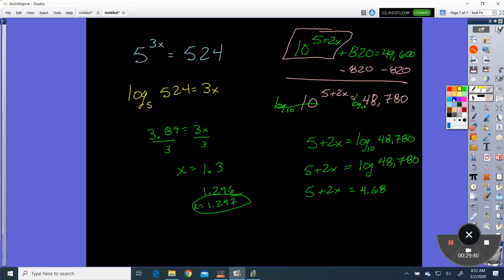Yeah, so we're going to minus the 5 and then divide it by 2. Negative point what? Oh, that's after. Yeah, okay, that's the answer. So x equals negative 0.155.